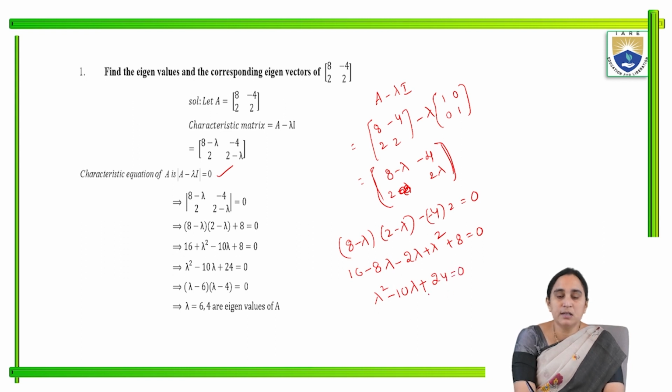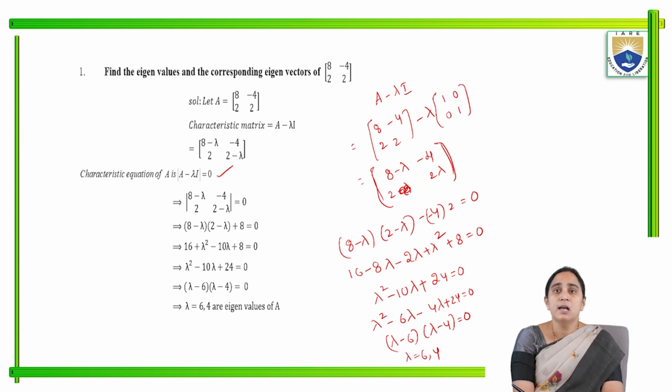Now we have to find the roots. Write it as lambda square minus 6 lambda minus 4 lambda plus 24 is equal to 0. From that we get (lambda minus 6)(lambda minus 4) equal to 0. Therefore, lambda is equal to 6 and 4, the eigenvalues.